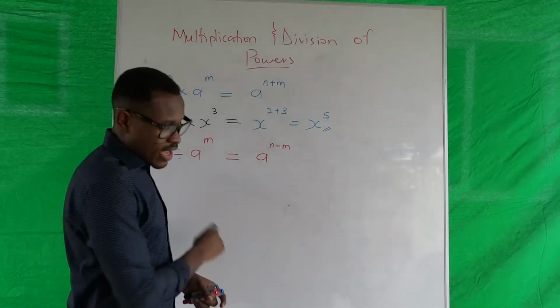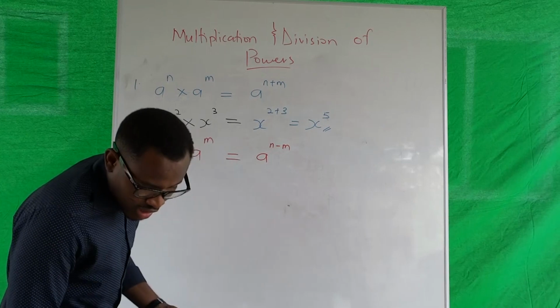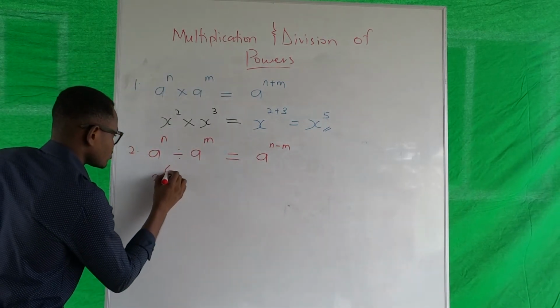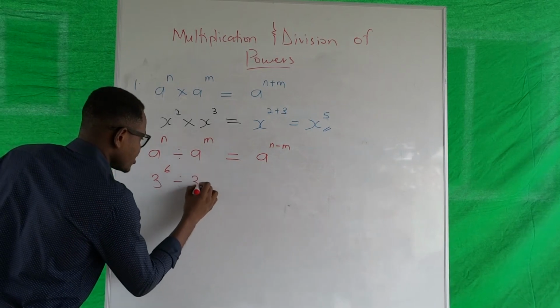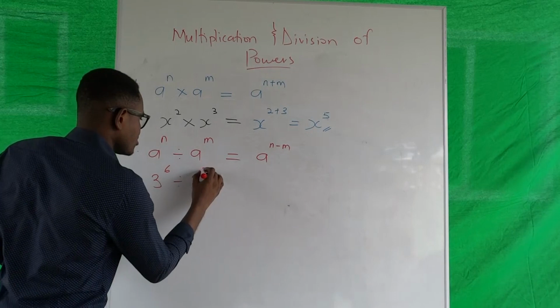Now, a quick example and then we are out of here. 3 to the power 6 divided by 3 to the power 3.